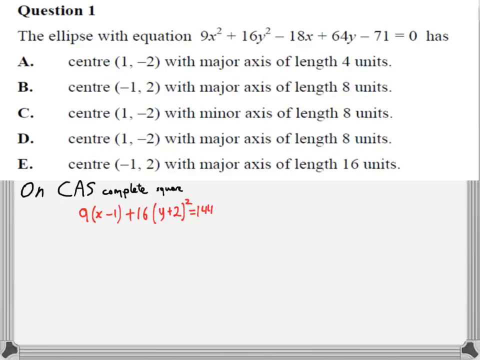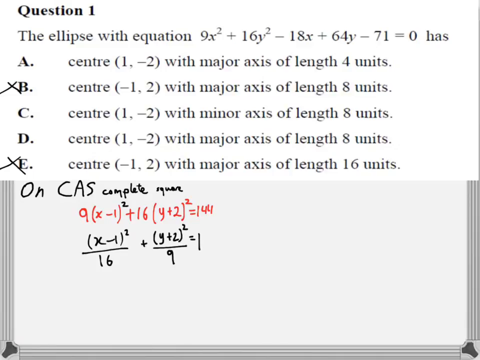The center is going to be a 1 for the x and a -2 for the y. So you can eliminate straight away 2 possible answers. That one and that one are eliminated.